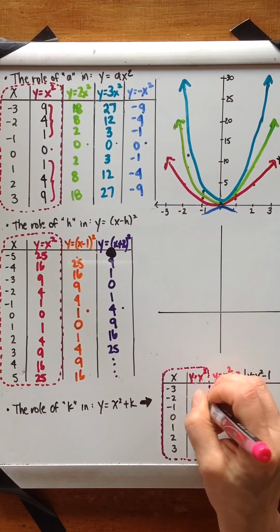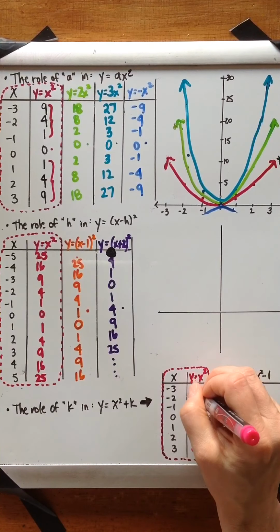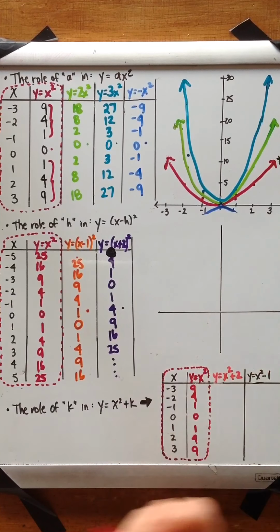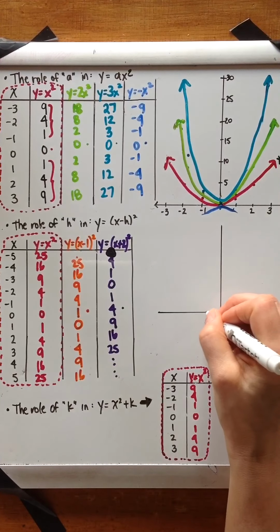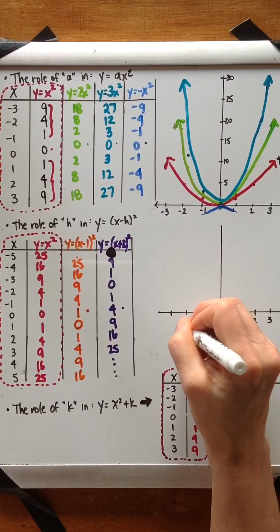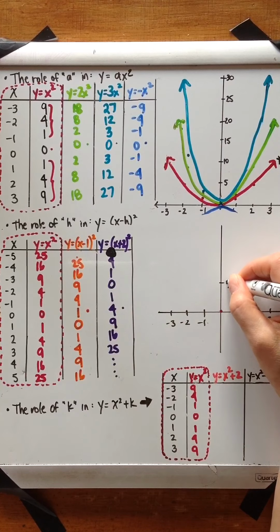Over 1 up 1, over 2 up 4, over 3 up 9. Okay, I'll put in an axis here. I'm going to go by 3s this time. And I think I'll go up by 10 again.